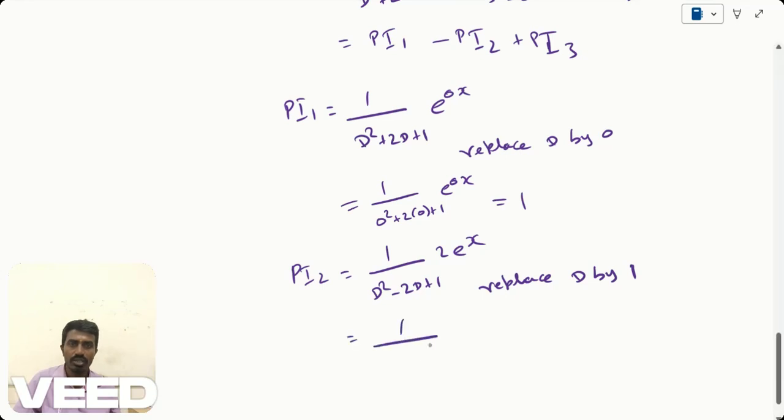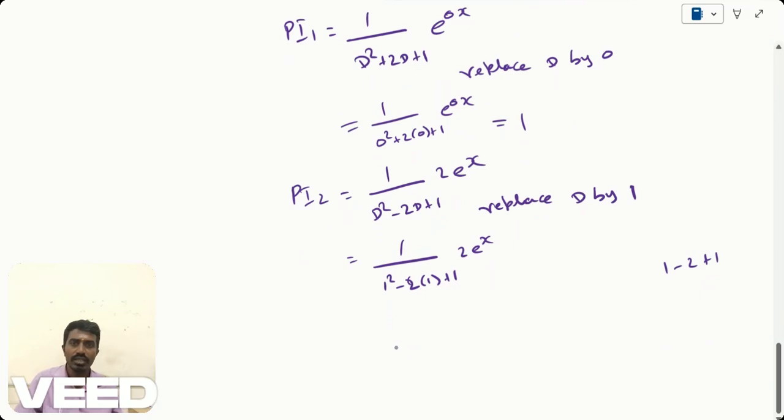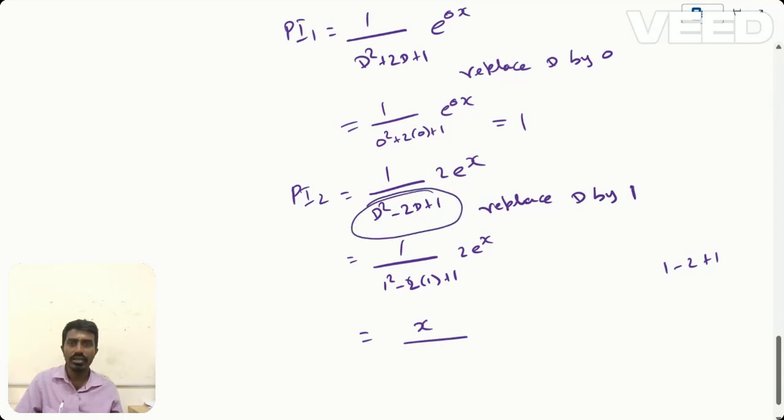So what you may get? 1 divided by (1 square minus 2 into 1 plus 1) into 2e power x. So what do you get in the denominator? 1 minus 2 plus 1, so 0. If you are getting 0 in the denominator, in that case multiply x in the numerator and differentiate this denominator with respect to D. Then what you may get? x into 1 by (2D minus 2) into 2e power x.